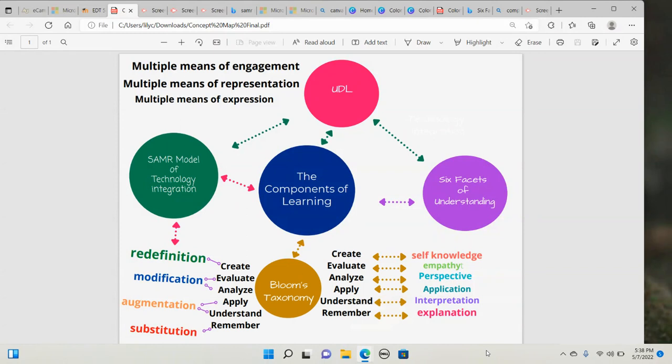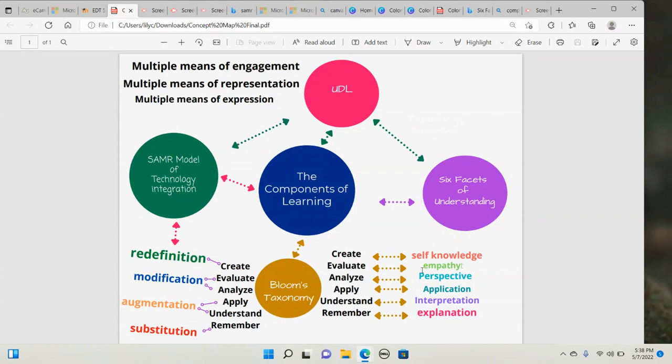So in order to explain something, to provide a thorough, supported account, I have to be able to remember. Same thing with interpreting something: I want to offer a translation, so I need to understand it. Application and apply are in and of themselves linked. If I'm analyzing something, I'm able to show perspective and look at it from different points of view.